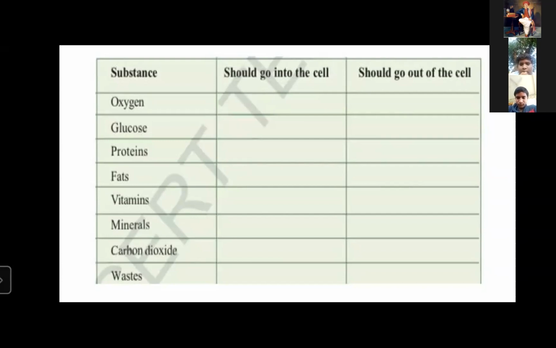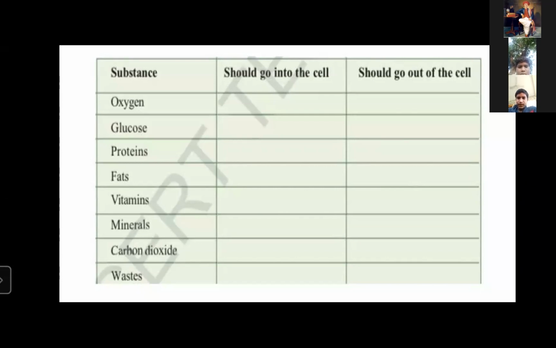Glucose should go into the cell. It is a carbohydrate, useful for all living organisms. Next, proteins. Protein should also go into the cell. Next, fats. Fat should go out of the cell.